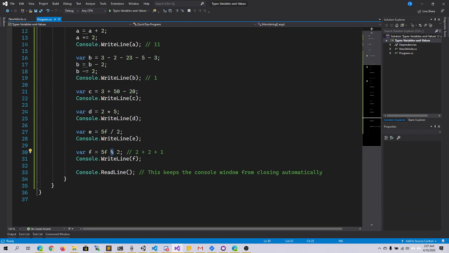I don't care whether this is a float, a decimal, or a whole number. Give me back a whole number, and then whatever the remainder is, that's what I am returning. So that's why our f will go ahead and result in 1, whether one of these is a float or not, floating point number or not.